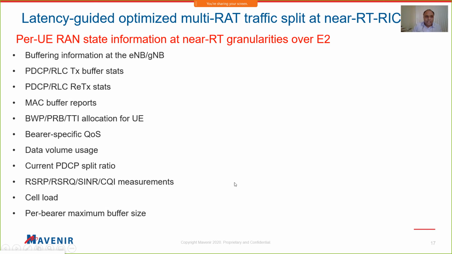And then what happens in the near real-time RIC is, apart from the A1 policy guidance that the near real-time RIC gets, it also gets some near real-time E2 measurements pertaining to the user.